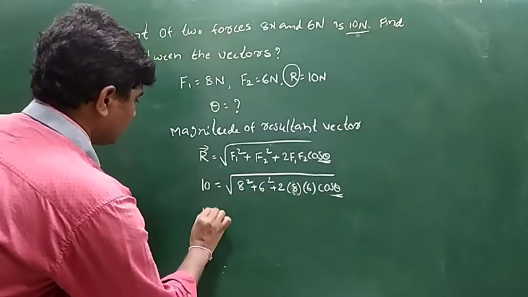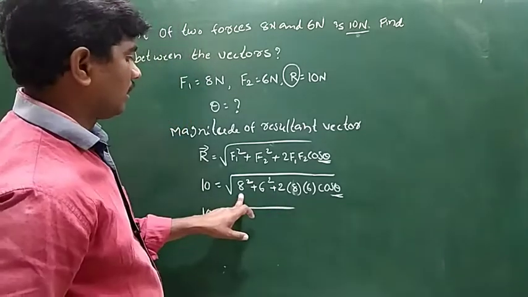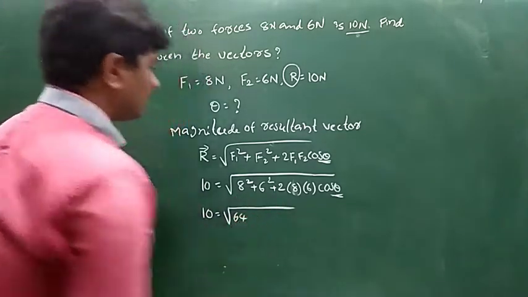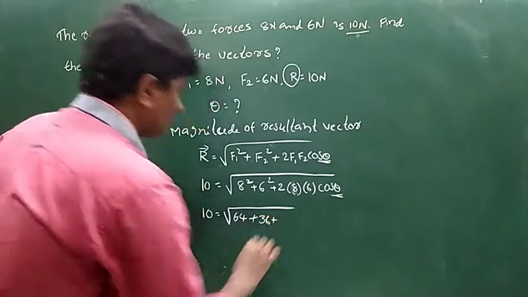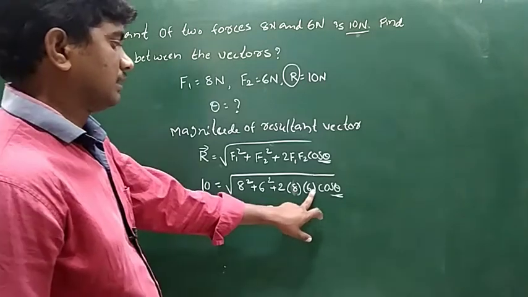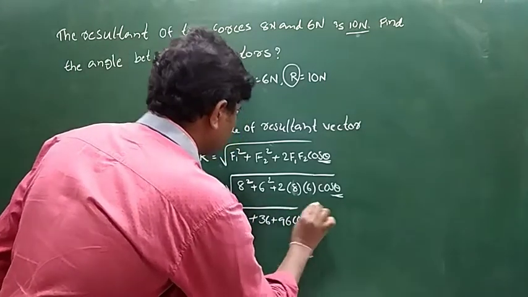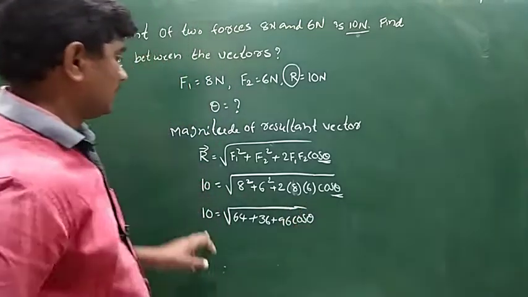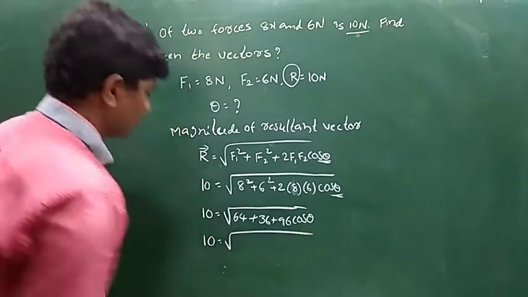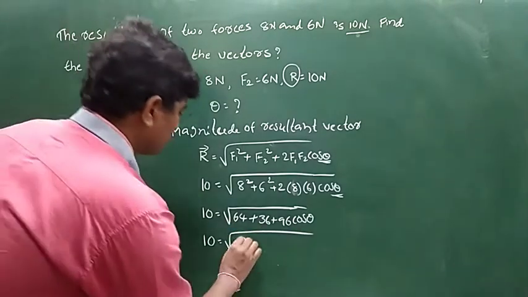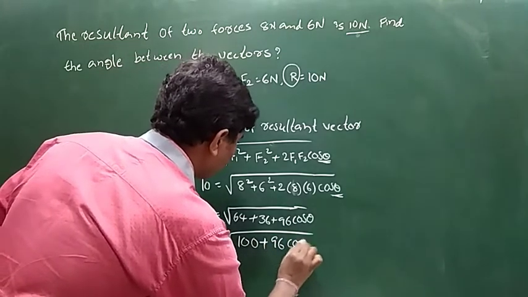Therefore, 10 equal to under root of 8 square is 64, plus 6 square is 36, plus 2 times 8 is 16, 16 times 6 is 96 cos theta. This 10 equals root of 64 plus 36, which is 100, plus 96 cos theta.